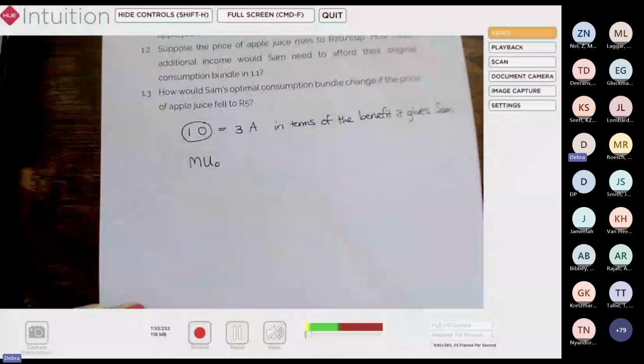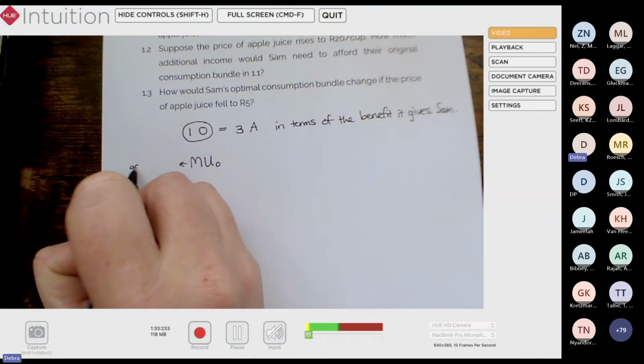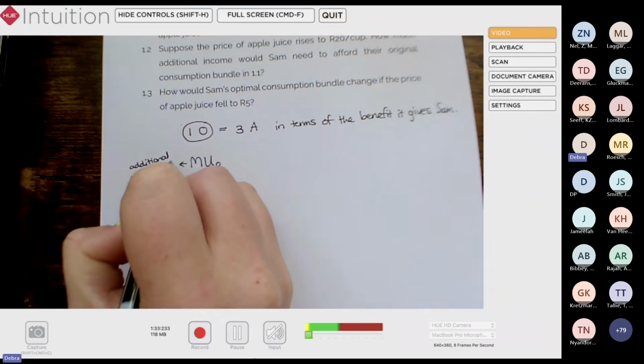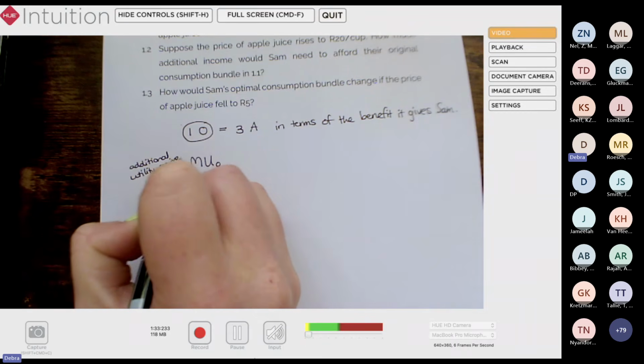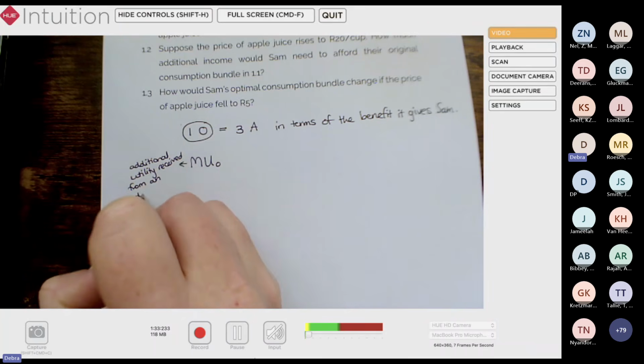So remember, marginal utility represents the additional utility received from an additional unit of that good.